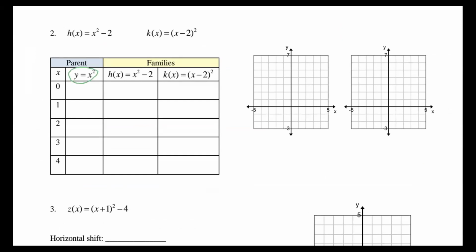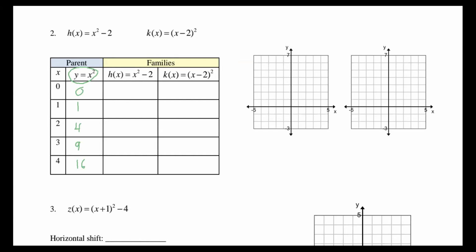First get the values. So I'm going to use 0. 0, x squared; 1 squared is 1, 2 squared is 4, 3 squared is 9, and 4 squared is 16.